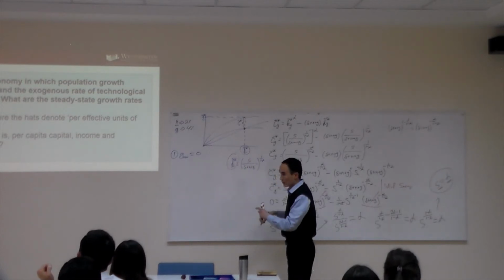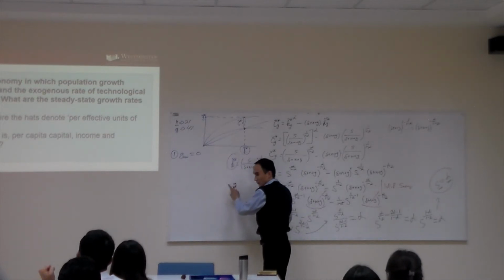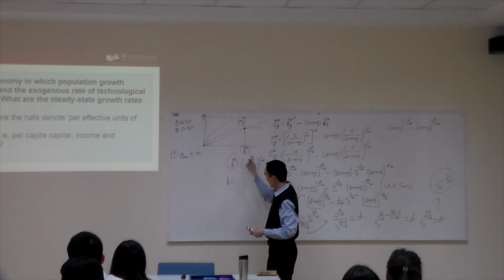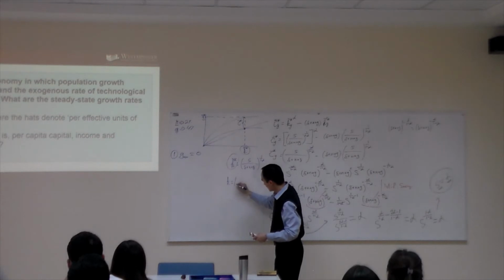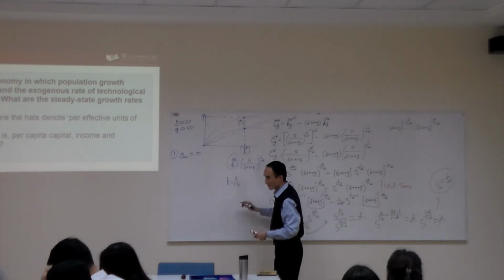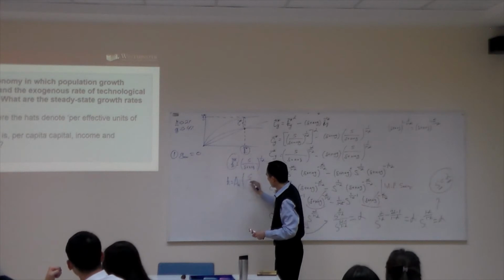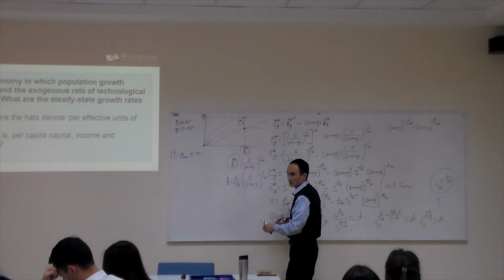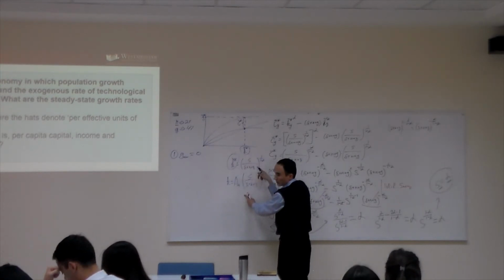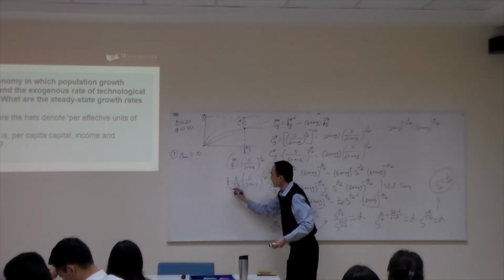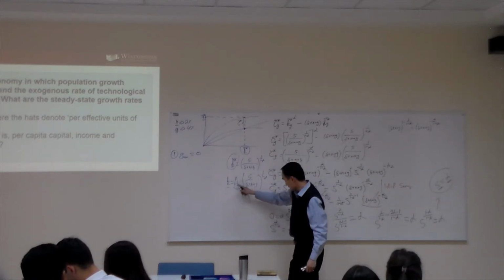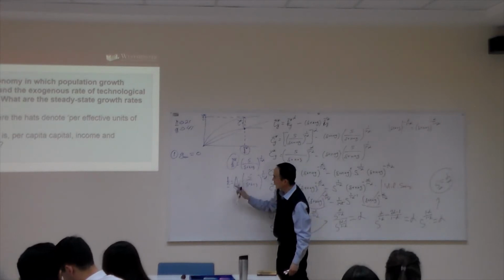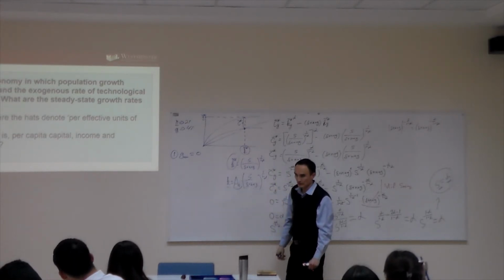If you refresh your memory, we found during the lecture our capital per worker was equal to technology in discrete time times saving rate over delta plus n plus g in the power of 1 over 1 minus alpha, which is this one. Which means that capital is going to grow because technology will grow. Right? So now we are going to find how much it is going to grow. We will prove it, we will derive it.